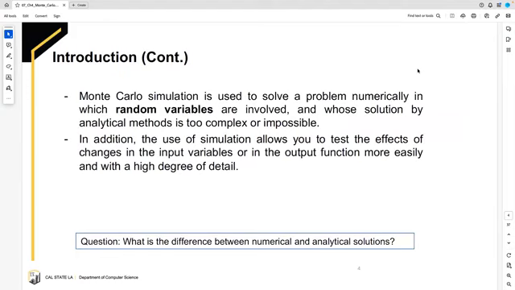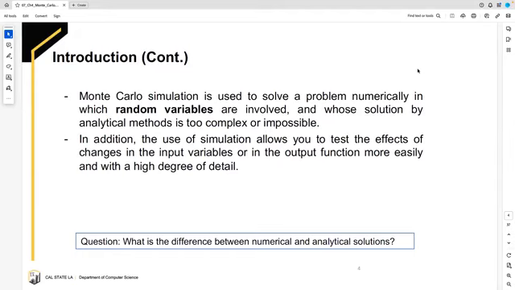This is a more official definition of Monte Carlo simulation. It's used to solve a problem numerically in which random variables are involved and whose solution by analytical methods is too complex or impossible. Okay, first of all, let me pause here.